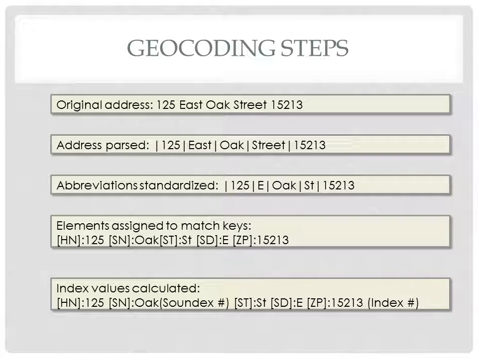And then the zip code, again in a separate column or field. Abbreviations need to be standardized. So in this case, 125, next field E, next field Oak, next field ST, and then the zip code. The elements are assigned to match keys, and the index values are then calculated.